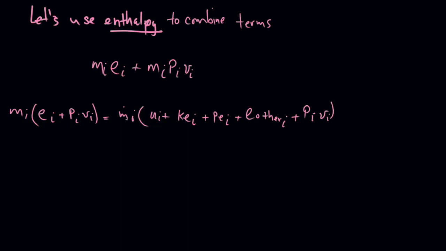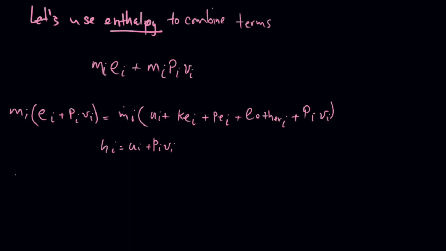Right. And we know from previous that U plus PV is equal to H, right? So we know that H is equal to Ui plus PiVi. And this is the enthalpy of the incoming mass.